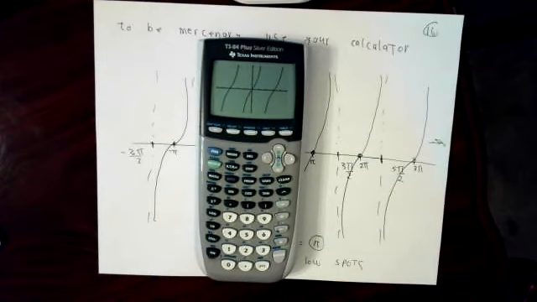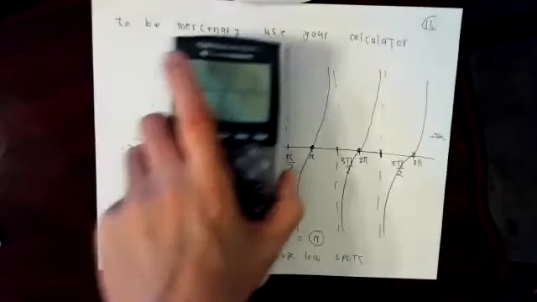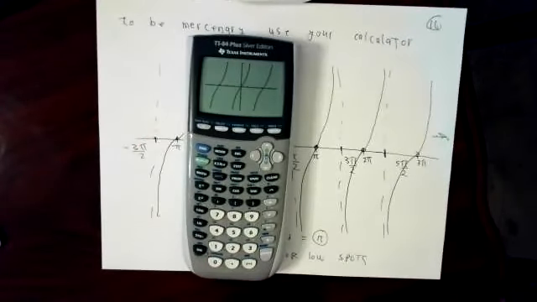Between negative pi over 2 and positive pi over 2, you have this central region, and then in the next chunk after that, you have an exact duplicate of that, and then another one, and another, and it never stops. Backing up, you have exact clones of the piece in the middle, the piece that goes from negative pi over 2 to positive pi over 2. The graph of the tangent function is not nearly as nice as the graph of sine and cosine.